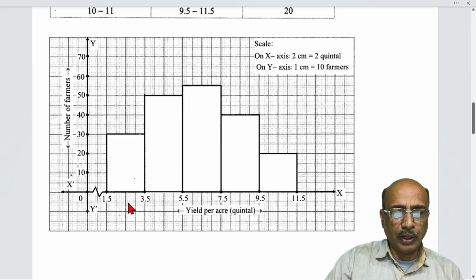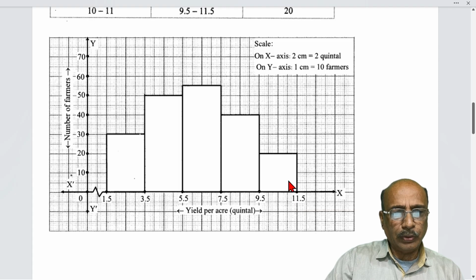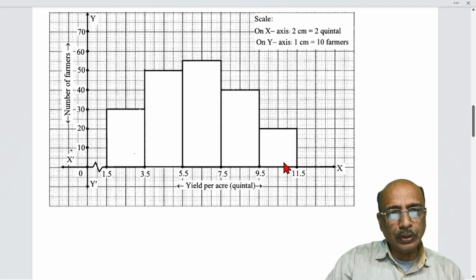From the given data, for the first class it is 30. For class 3.5 to 5.5 it is 50, for 5.5 to 7.5 it is 55, for 7.5 to 9.5 it is 40, and for 9.5 to 11.5 it is 20. So this way you can draw the histogram. Very easy it is to draw.